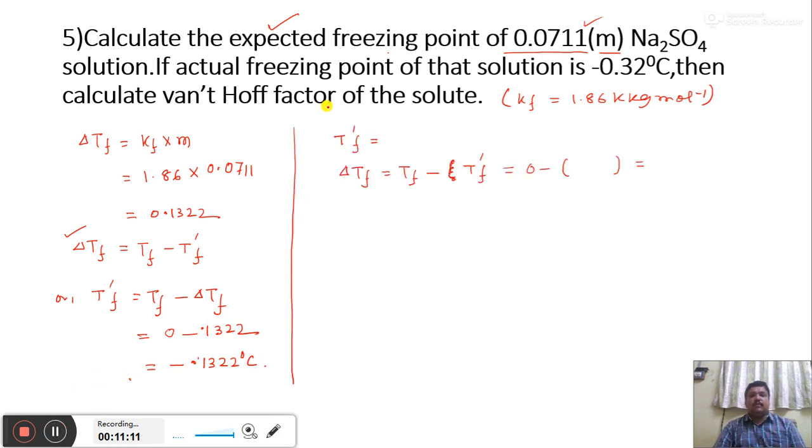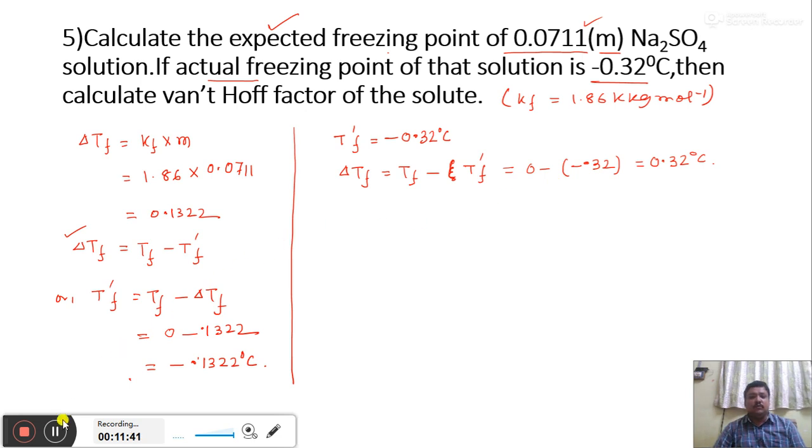Now in the second part of the numerical, the actual freezing point of the solution is minus 0.32 degree centigrade. That means T dash F is minus 0.32 degree centigrade. So del TF is TF minus T dash F, that is 0 minus minus 0.32, that means 0.32 degree centigrade.